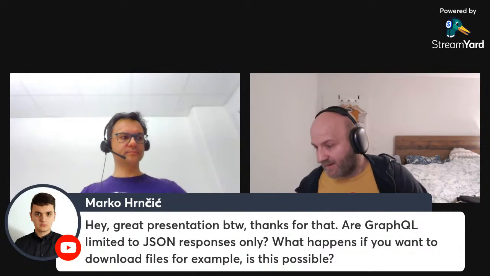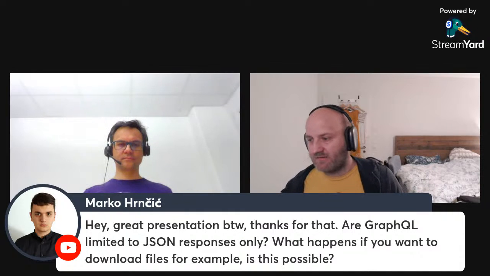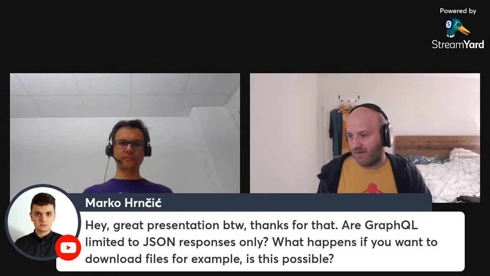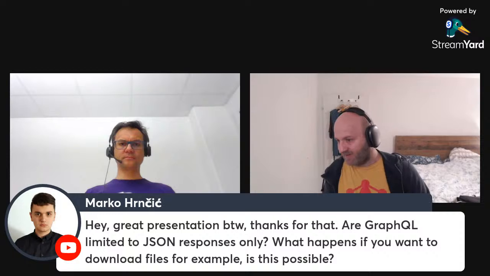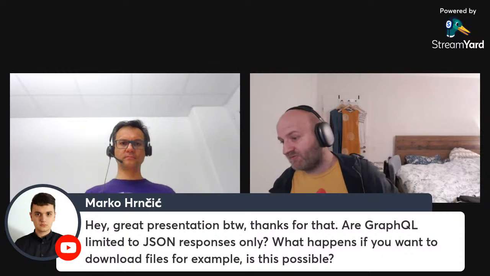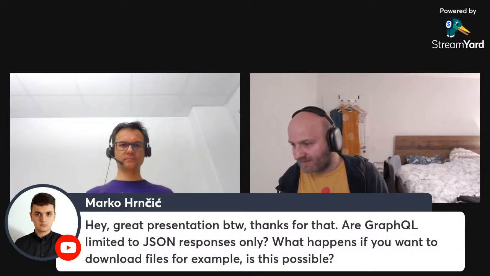And file downloading? File downloading is not a GraphQL concern per se. You could do something, as GraphQL has a multi-part response where you chain in the files as a result. But in general, for uploading a file via GraphQL, there's a specification, the GraphQL multi-part request specification, which works nicely.